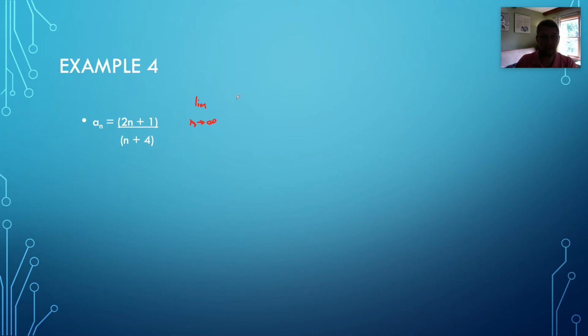And so this is going to be 2 plus 1 over n all over 1 plus 4 over n. Now, if I take the limit as n approaches infinity of 2, I get 2. The limit of 1 over n is 0.